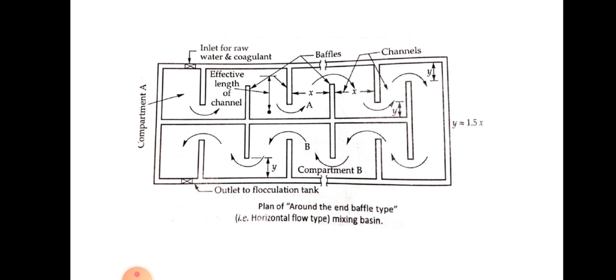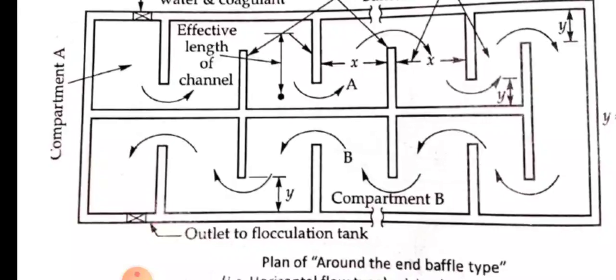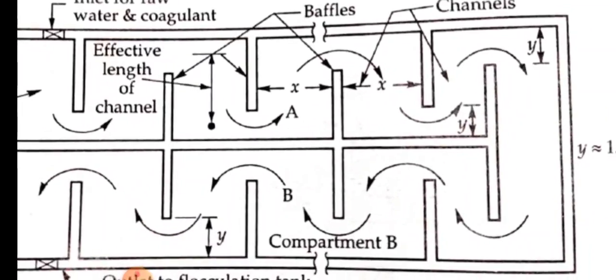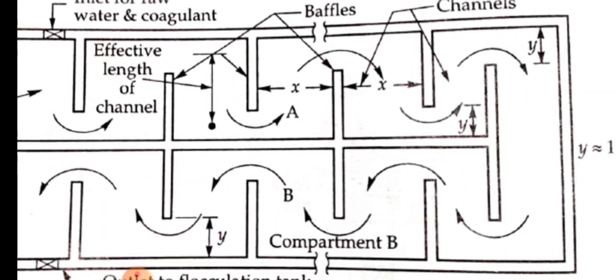Firstly, the velocity of flow in the channel between the baffles is usually between 0.15 to 0.45 meters per second, and the detention time, that is the time for which the water is detained in the tank, is usually 20 to 50 minutes. The distance between the baffles, marked as X here, should not be less than 45 centimeters.